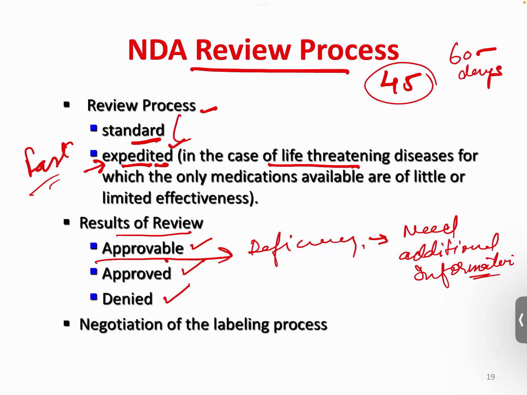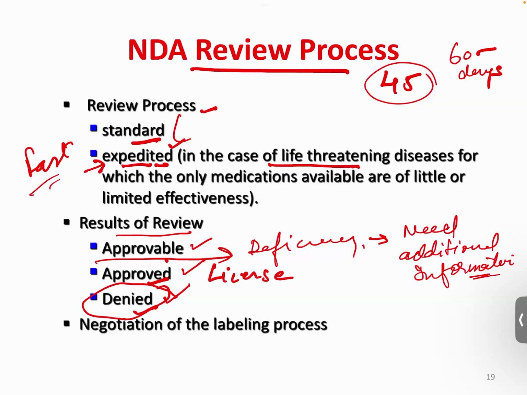Okay, so that is approvable. Approved means they have given you the license to sell the product. Denied, they declined it. Chances of this are very low because you are already discussing your whole strategy with the regulatory bodies again and again.